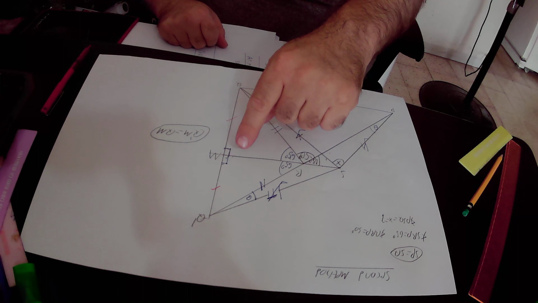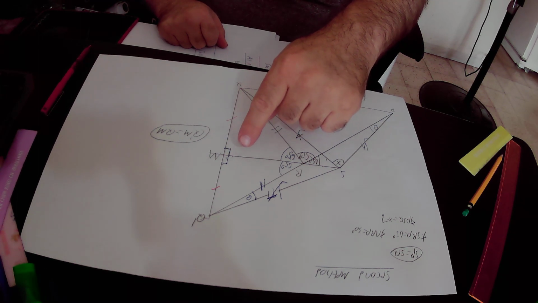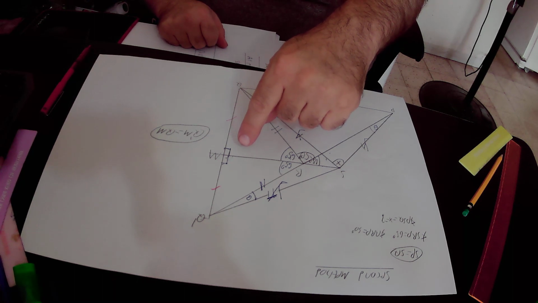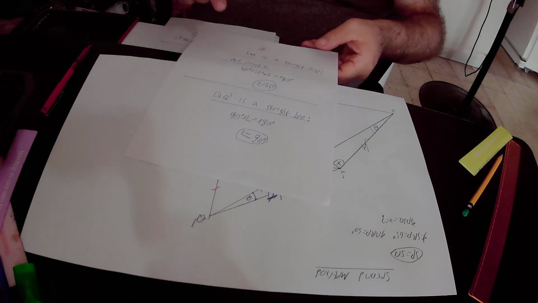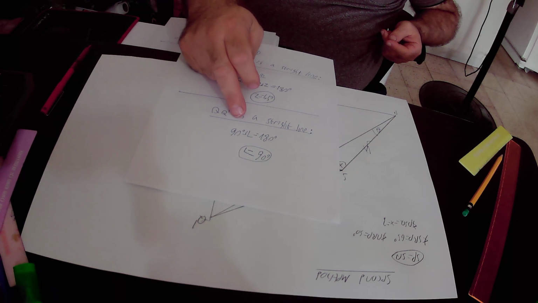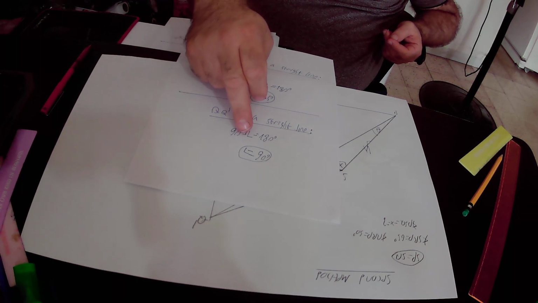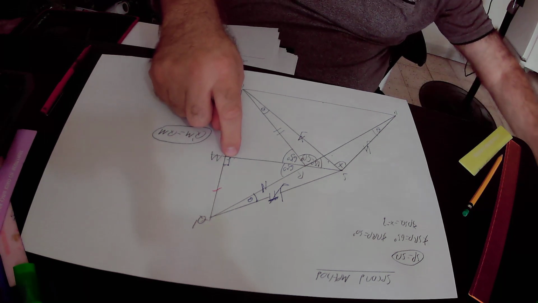So if we focus on this side of the straight line QQ dash, at point M the sum of the angles must equal 180 degrees. That is to say, 90 degrees plus the size of this angle, defined as L, must equal 180 degrees. We subtracted 90 degrees from this equality, and we got that the size of angle L is 90 degrees. That is to say, this angle is a right angle.